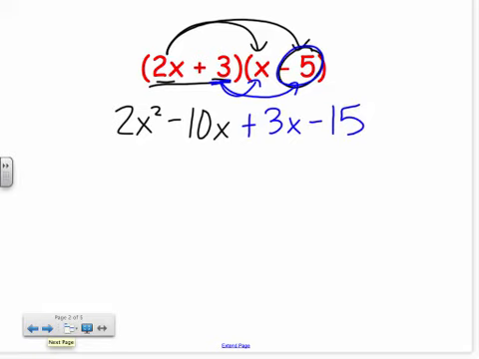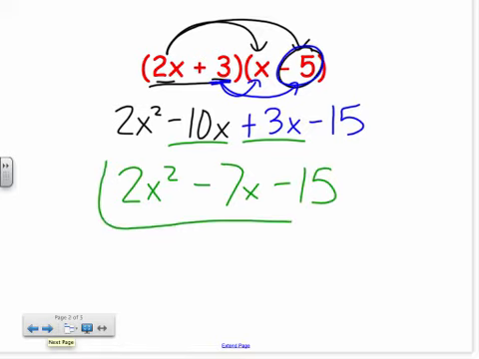If you notice, I have two terms of x: a -10x and a positive 3x, which simplify into a -7x. So I bring everything else down. That doesn't simplify. So I still have my 2x squared, my -10x and positive 3x combined for a -7x, and we still have our -15 left over. That gives us our simplified expression, which is actually a quadratic, which we'll get into next chapter.